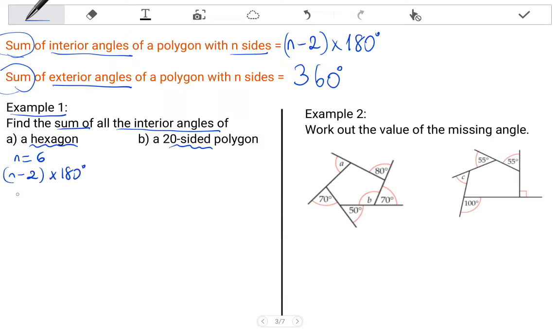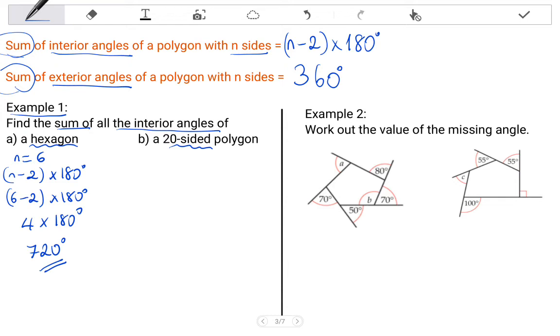We put 6 in the place of n and do the calculation. This is 4 times 180, and it is 720 degrees. So this is the sum of interior angles of a hexagon.